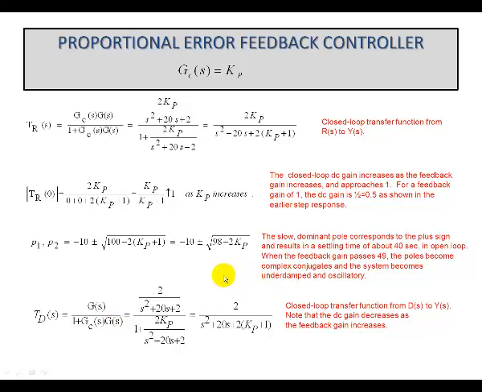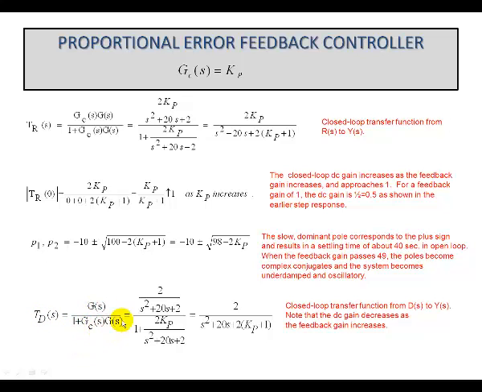Finally, in order to see what happens to the disturbance response, the impact of the disturbance, let's look at the transfer function from the disturbance to the output. Again, using our formulas from chapter 4, we know that this is the transfer function for that case, from the disturbance to the output.